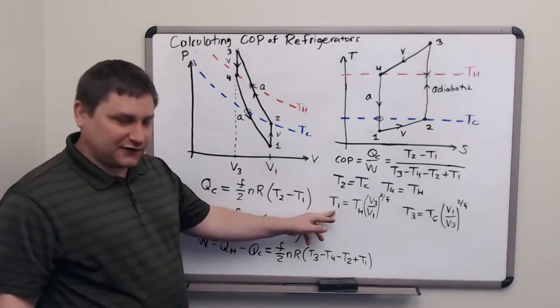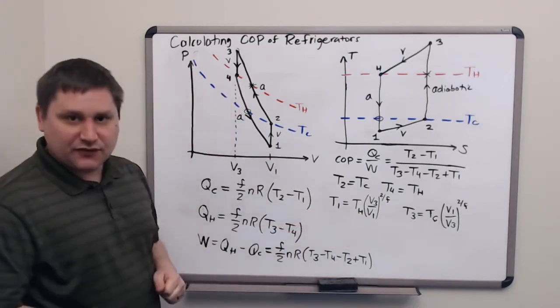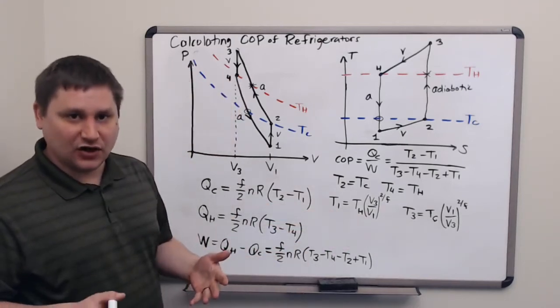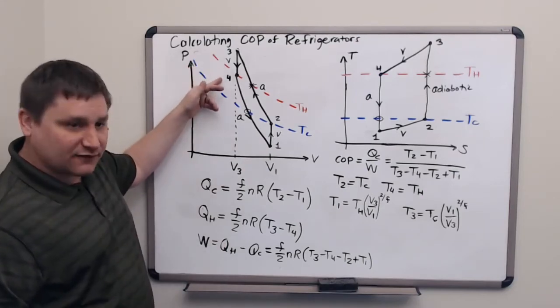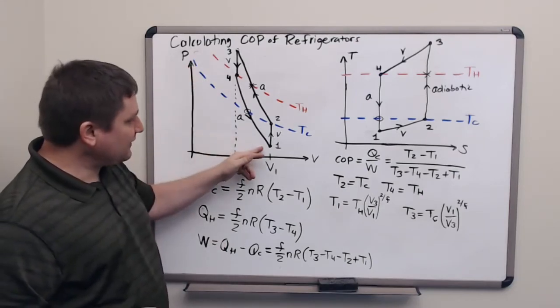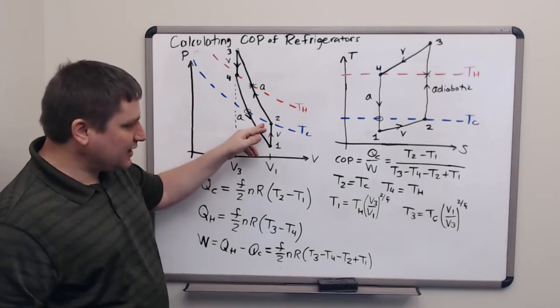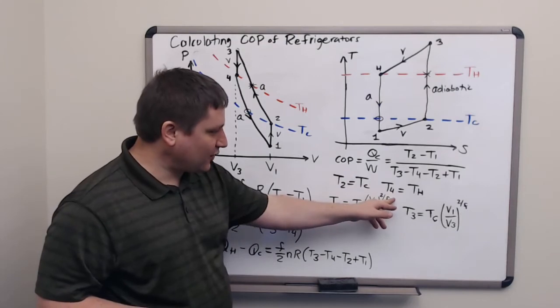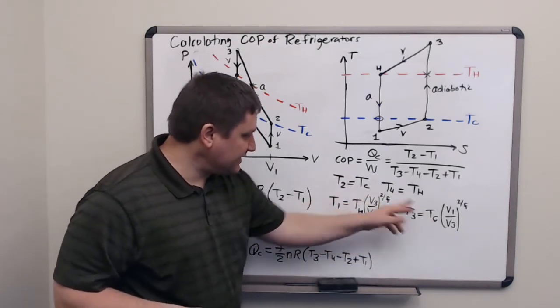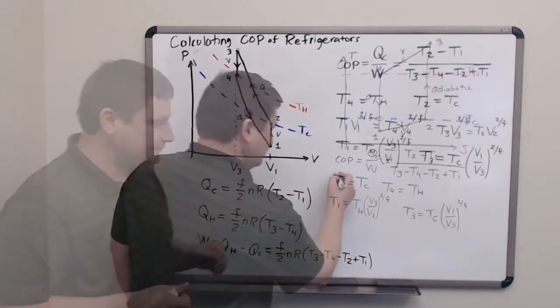To get these expressions for T1 and T3, I've used the adiabatic relationship between volume and temperature. I've used the fact that volume 3 is the same as volume 4. I've used the fact that volume 1 is the same as volume 2. And I've also used the fact that TH is the same as T4 and TC is the same as T2.